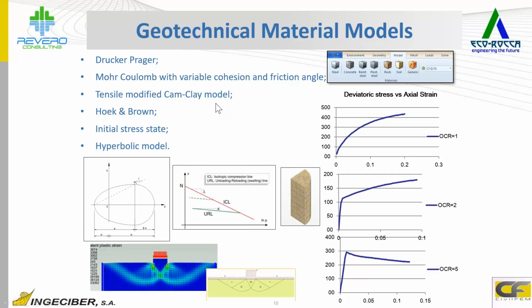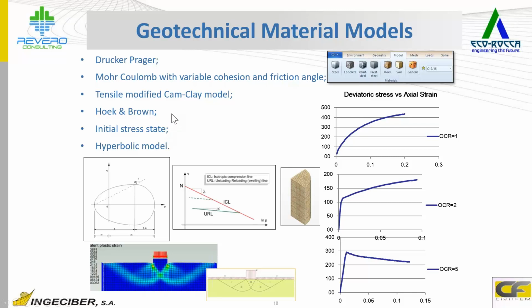As discussed previously, the geotechnical material models are presented here. We have various representations for the stress-strain behavior of the material. It has the Cam-Clay model, which is largely used in geotechnical engineering. We have the option to induce an initial stress state in the model.